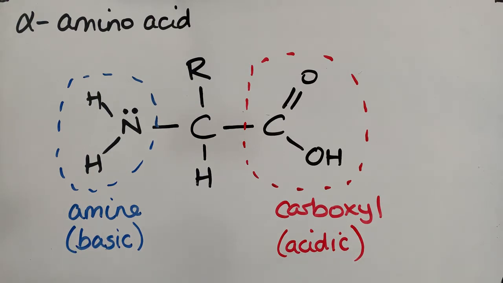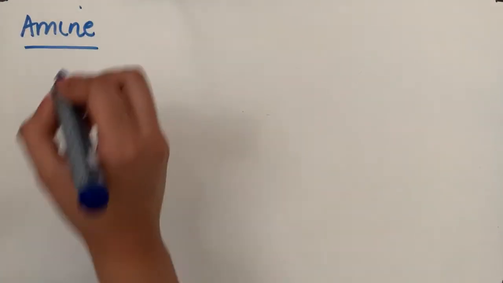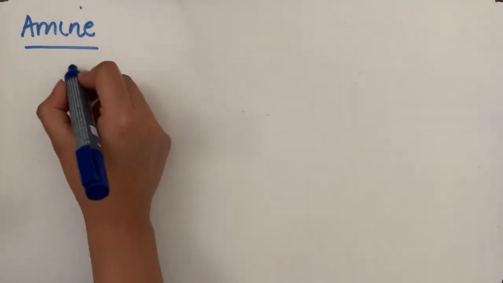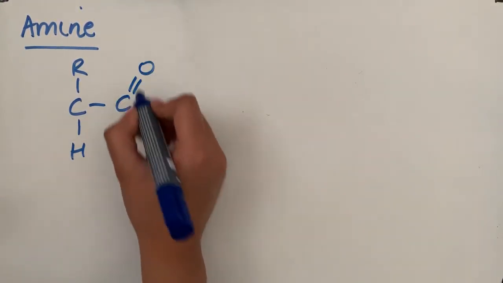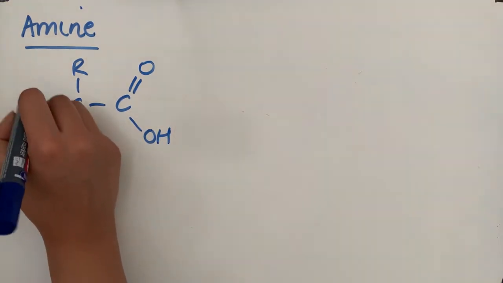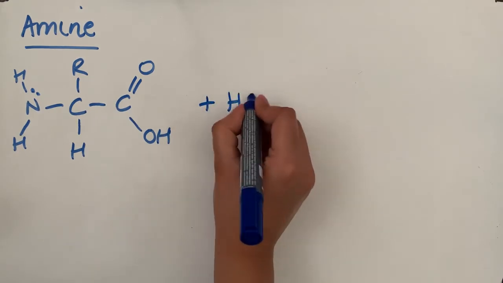Okay, so let's now have a look at what reactions they can undergo. So we're firstly going to focus on the reactions that the amine can undergo, so the basic part. So amines, as you know, are basic, and therefore they can react with acid. They can accept a proton. So let's have a look at a reaction. I'm just going to keep the general formula for our amino acid. So in terms of the reaction it undergoes with an acid, I'm just going to react it with HCl.